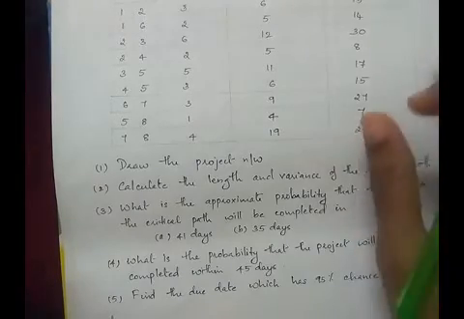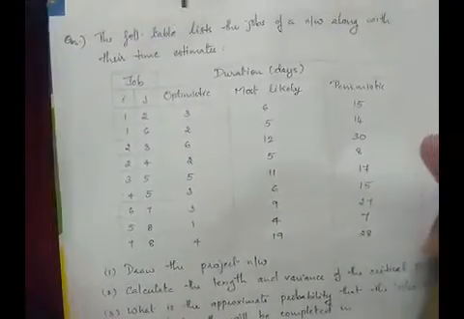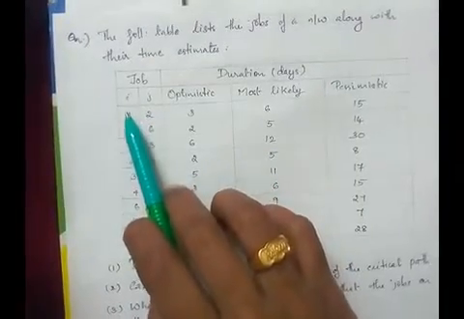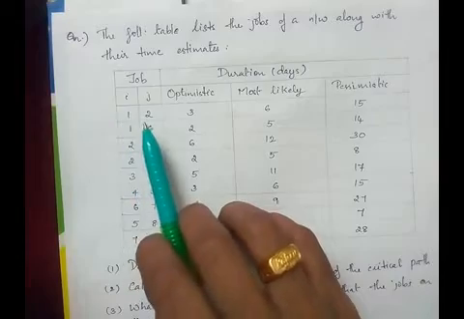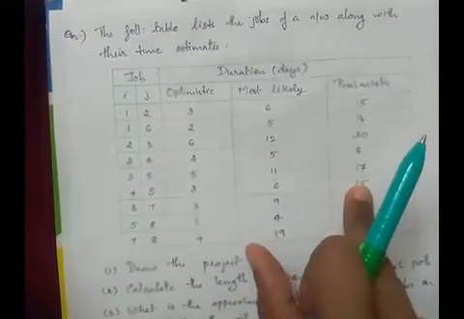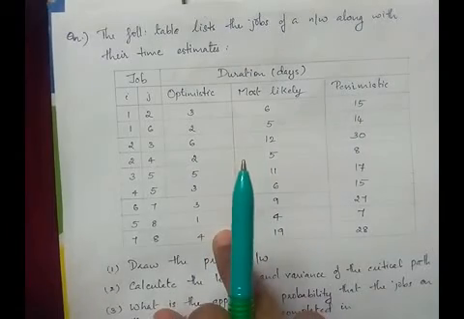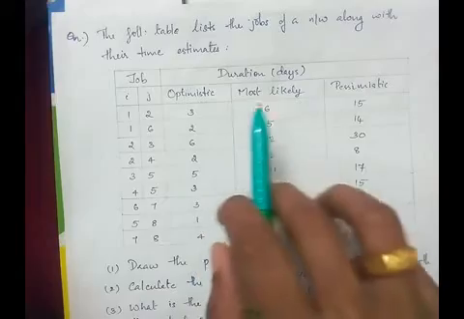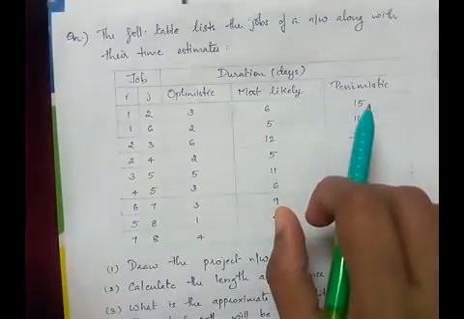The activity is given with the events, specifying the events clearly. Then 3 timings are given. Since it's a PERT problem, we need 3 timings: the optimistic time, most likely time, and the pessimistic time.